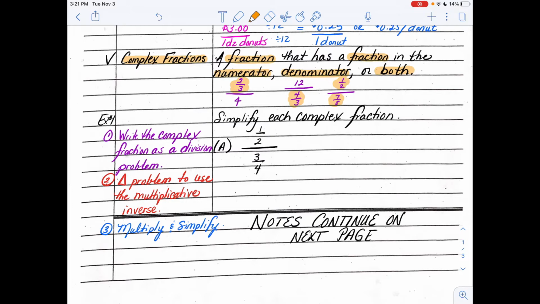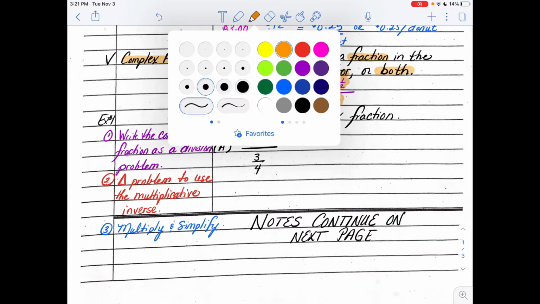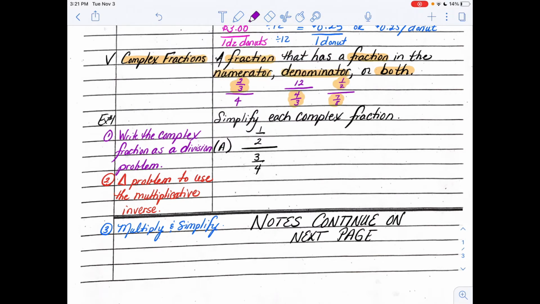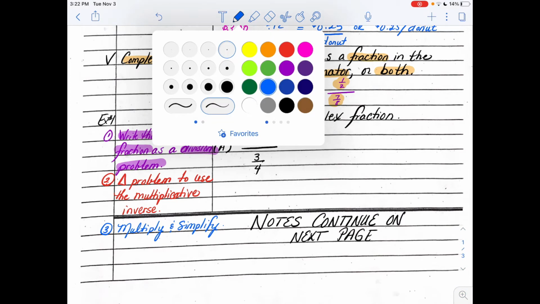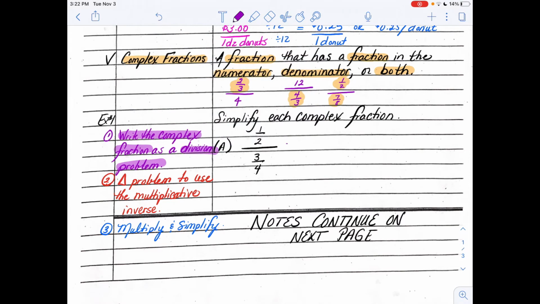Many people get very nervous when they see a fraction over a fraction. But look at the step. The first thing I want you to do is I just want you to write that complex fraction as a division problem. So let's go ahead and get rid of it so it's not on top of each other. Let's write it what it is. A fraction is a division problem.